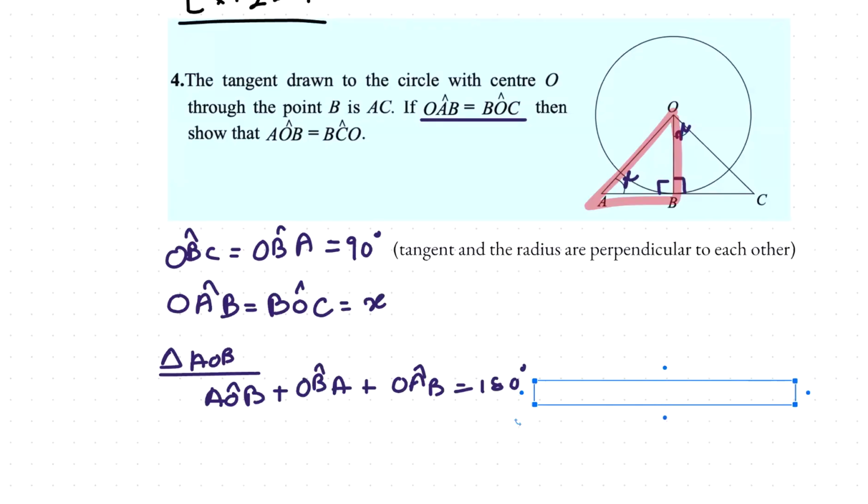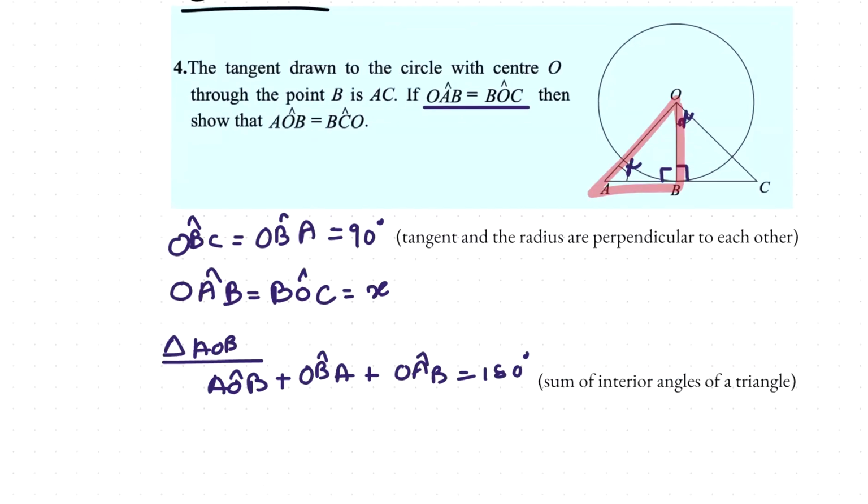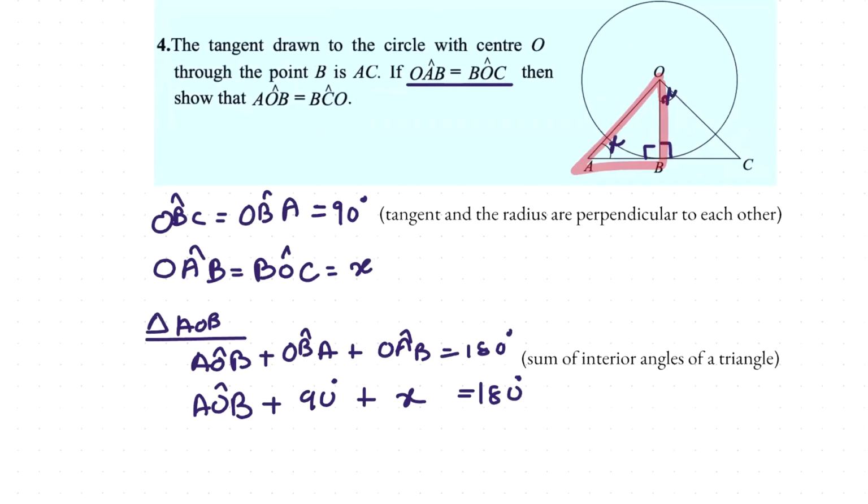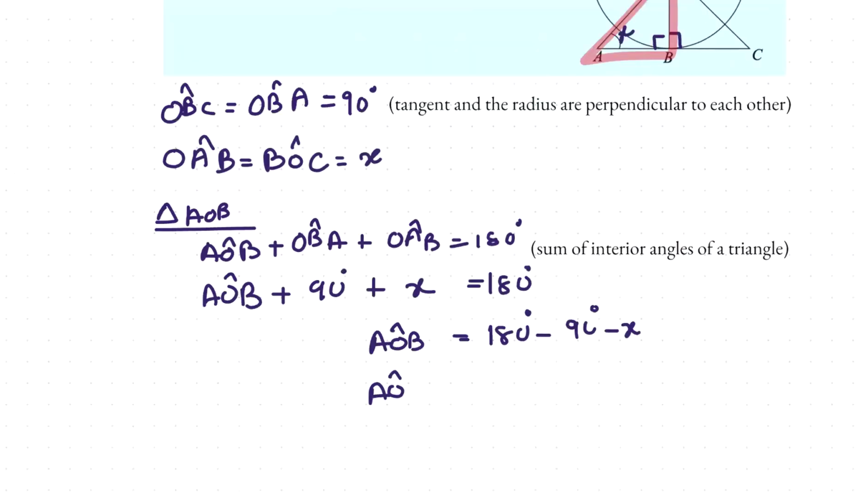We don't know AOB, so I keep it as AOB. OBA is 90 degrees, so I write 90. OAB is x. Therefore, AOB equals 180 minus 90 minus x, so AOB equals 90 minus x.